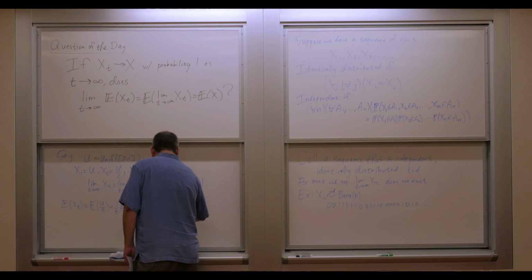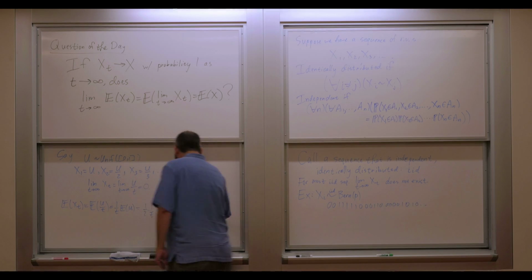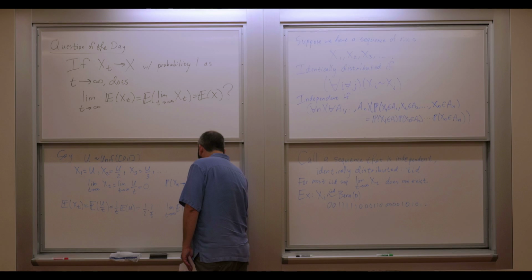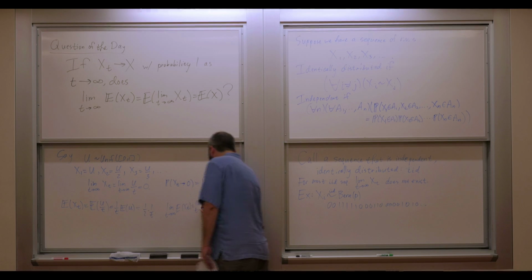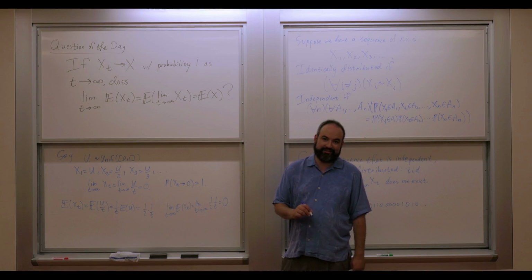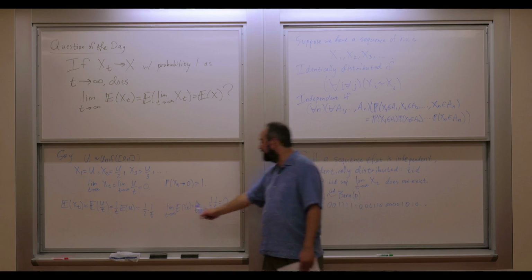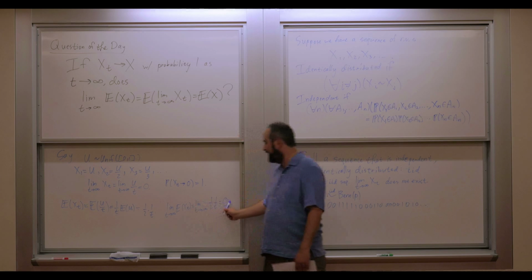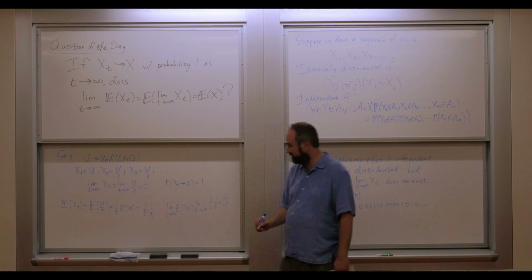So the limit as t goes to infinity of the expected value of x of t is the limit as t goes to infinity of 1/2 times 1 over t, and that limit is just 0. So the limit of the expected value of the x of t's is 0.